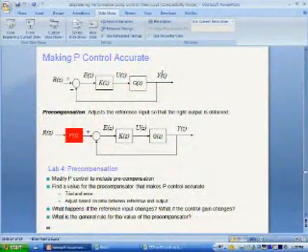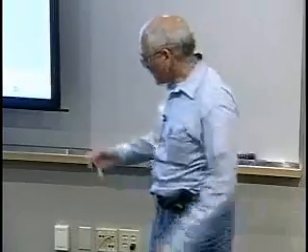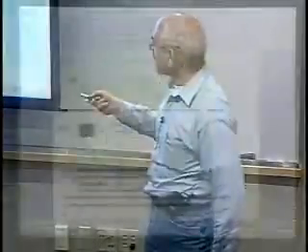All right, so here's one approach. Since the proportional controller is fast but wrong, is there a way we could compensate to make it fast and right? Well, that has some appeal. So what we're going to do here, we're not changing the controller. What we're going to do is essentially fake out the controller.